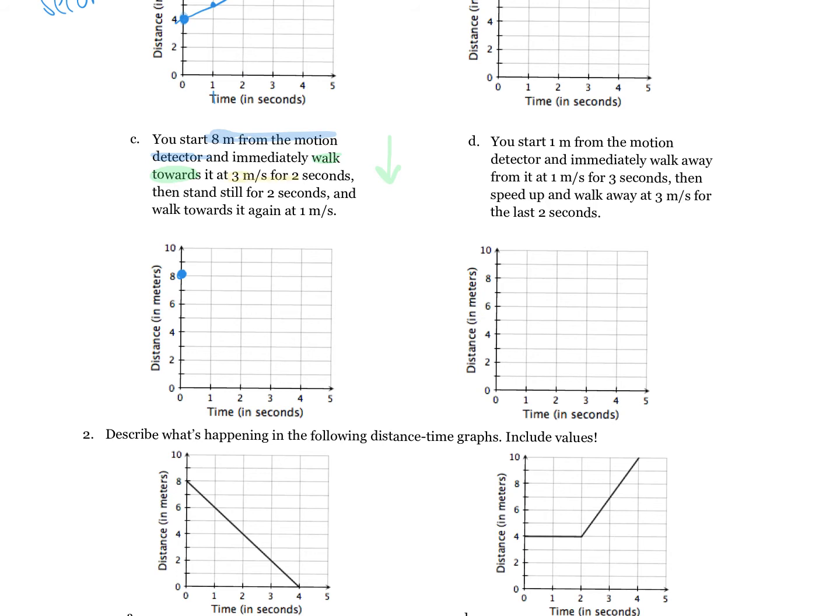And it's moving at 3 meters for 2 seconds. So all that means, I'm going to write it over here, is every 1 second we moved 3 meters. And this is happening for 2 seconds.